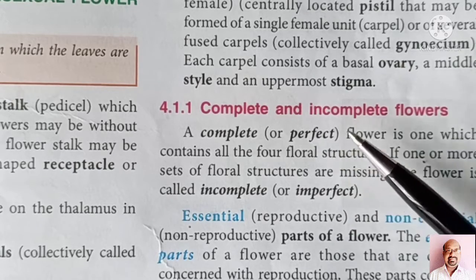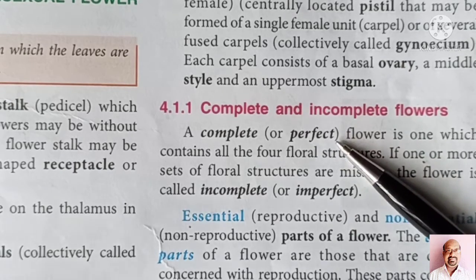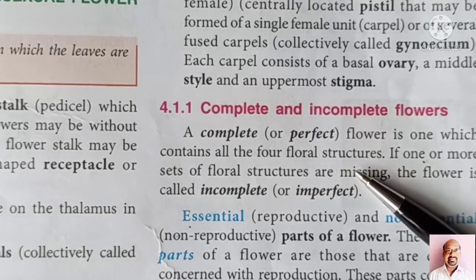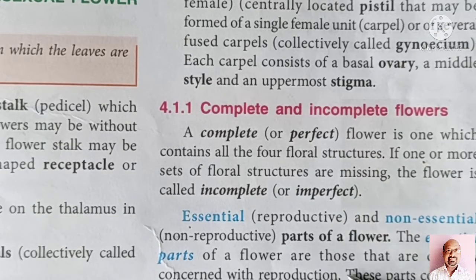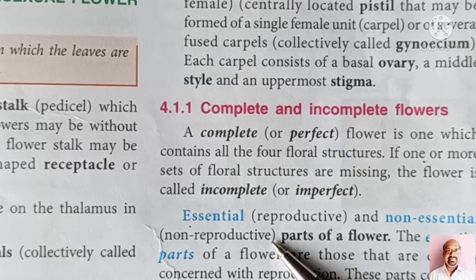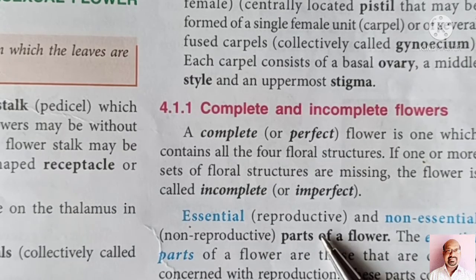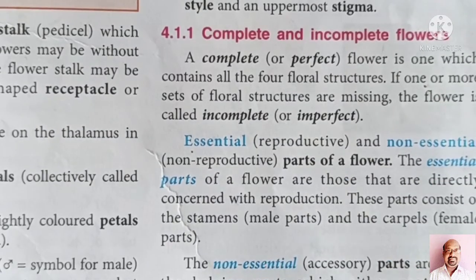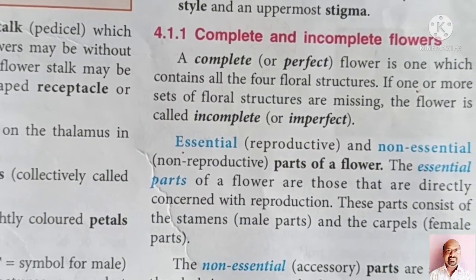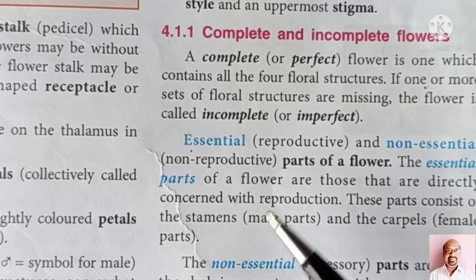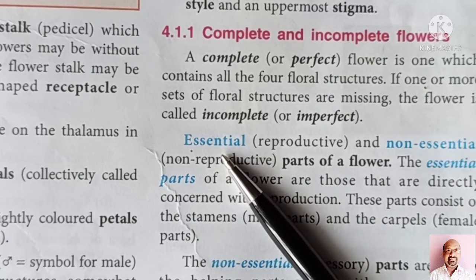So here a flower has four floral parts, four whorls. Among these, some are called essential parts and some are non-essential parts. The parts of the flower that take part directly in the process of reproduction are called essential parts.